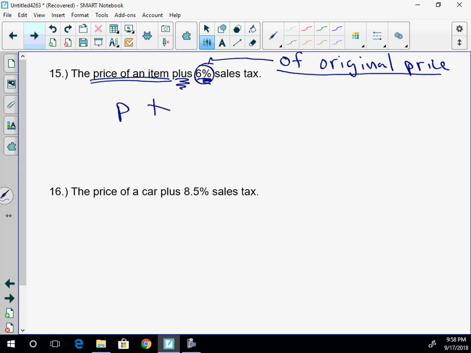Well, that's plus, so we have to convert 6% to a decimal, 0.06, and what's the original price? It's just P. So we have P plus 0.06P. And I can actually simplify that expression by saying, well, 1 plus 0.06 times P is 1.06P. This is something you can actually use whenever you go to buy something that's not food, because food's not taxed.